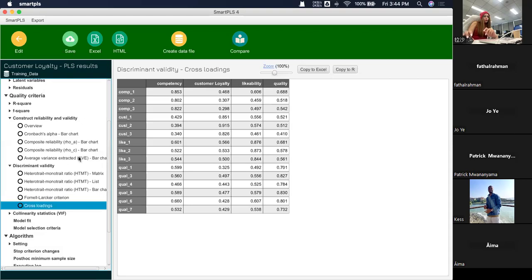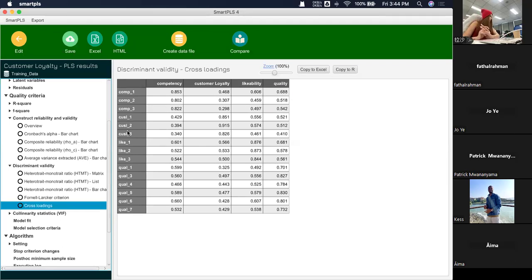Take, for instance, competency. COMP1, COMP2, COMP3, these three were designed to capture competency as a construct. And you can see they are highly loaded on it: 0.8, 0.8, 0.8. And the loading of COMP1 on customer loyalty is low, COMP2 on customer loyalty is low, COMP3 on customer loyalty is low, and similar for the other ones.